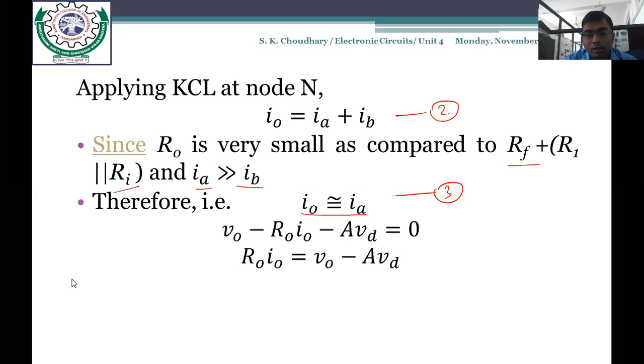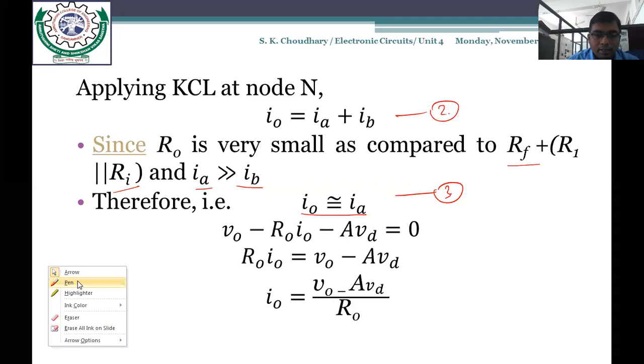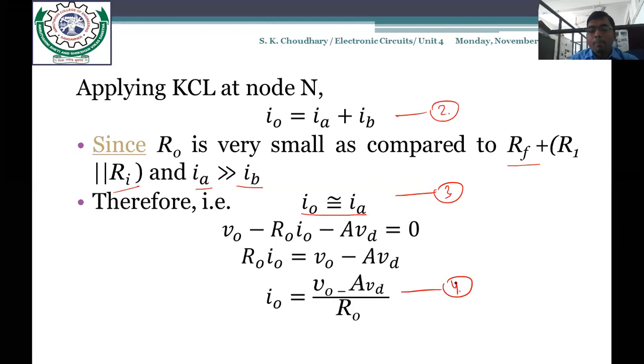Then I naught R naught is equal to V naught minus AVD, so I naught is equal to V naught minus AVD upon R naught. In this way you can write the equation of I naught, that is equation number 4.